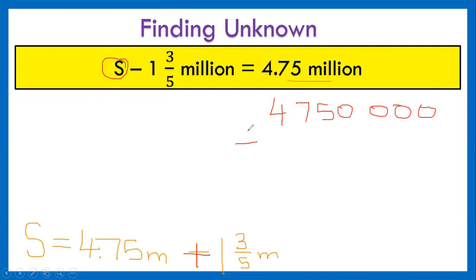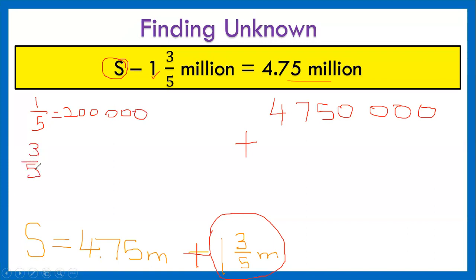So plus 1 3/5 million. So 1/5 million you have learned is 200,000. Am I right? So what is 3/5 million? That's 600,000. Watch the previous video on converting fraction millions to whole numbers if you still do not understand this part.